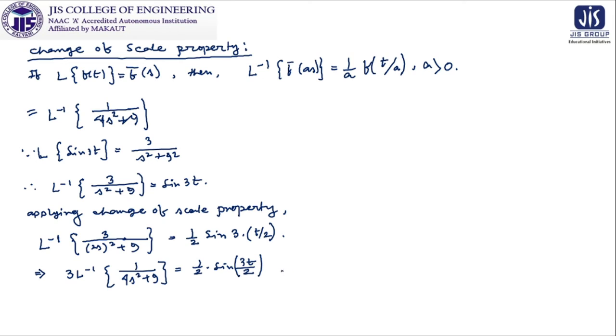And in the final line we can write Laplace inverse of 1 by 4s square plus 9 is equal to 1 by 2 by 3, that is 1 by 6 sine 3t by 2. This is my desired answer for this particular problem with the help of the change of scale property.